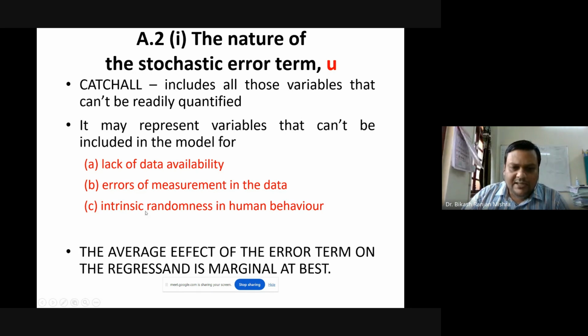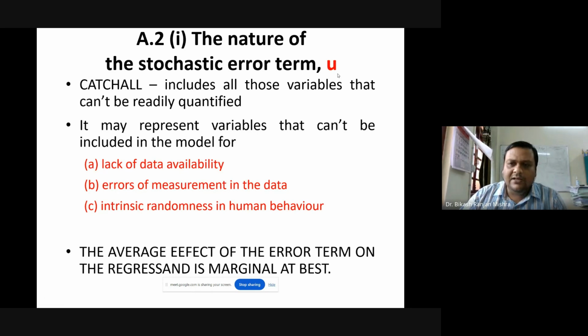And then the last one is the intrinsic randomness in human behavior, because whatever the source of data, whether primary or secondary, there is an element of human error. That's why we may come across some type of randomness in our modeling, and those random components are covered under the U category.